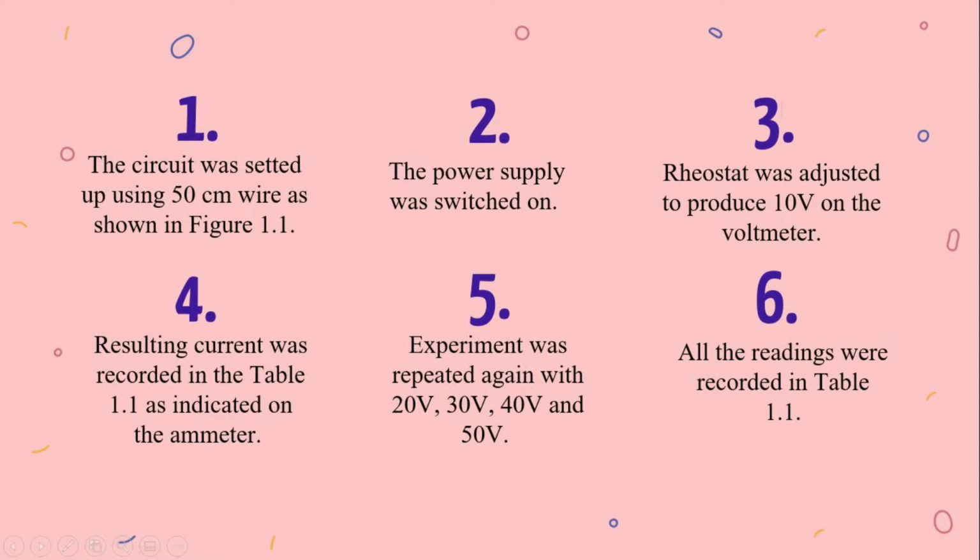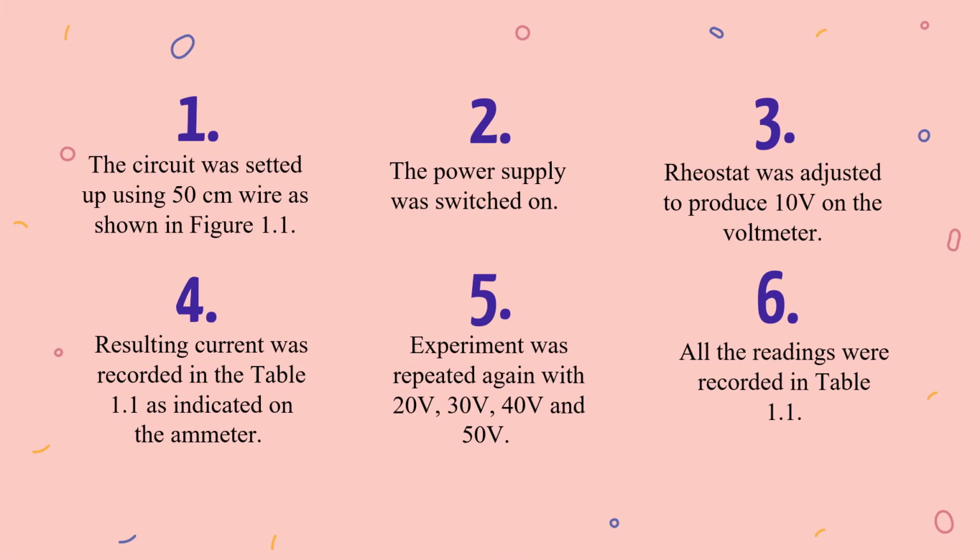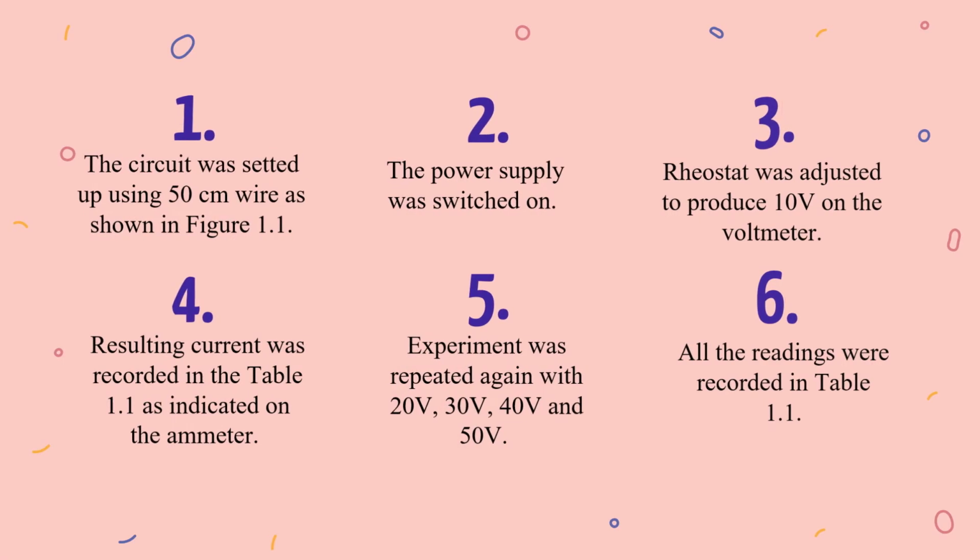The rheostat was adjusted to produce 10 V on the voltmeter. The resulting current indicated on the ammeter was recorded in table 1.1. The experiment was repeated with 20 V, 30 V, 40 V, and 50 V. All the readings of the resulting current were recorded in table 1.1.